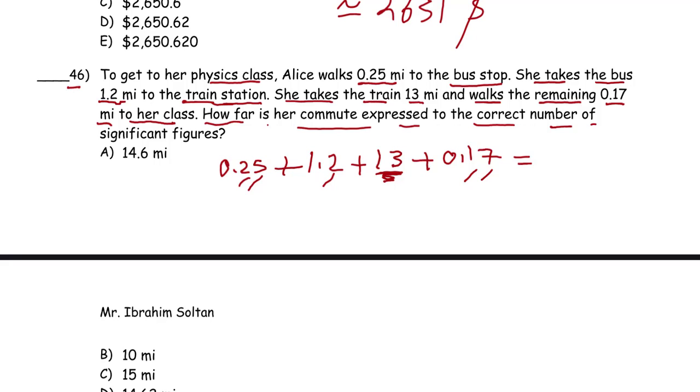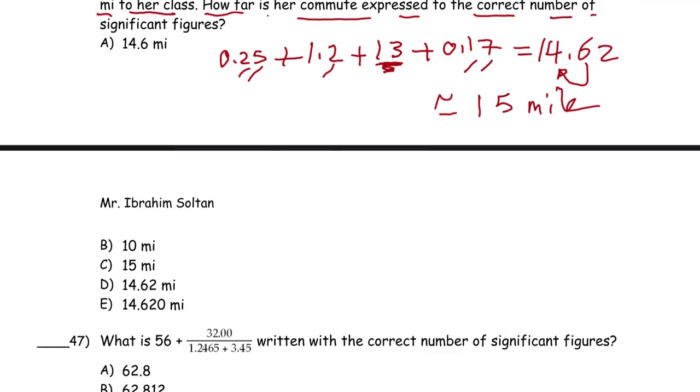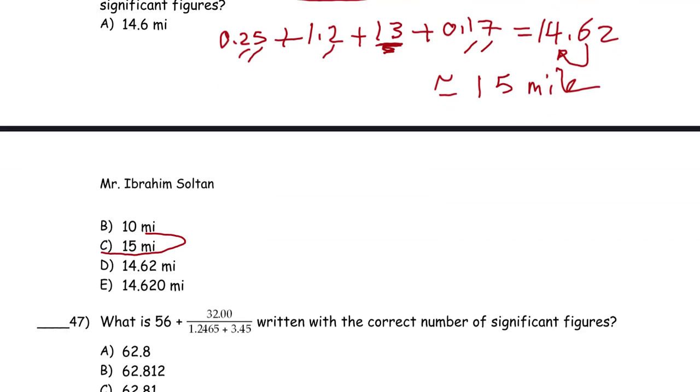So the answer mustn't have any decimal place. The answer using the calculator equals 14.62. As you see, this 6 increases 4 to 5. So she walks about 15 miles. As I said, she likes physics lab to take this distance, to reach it.